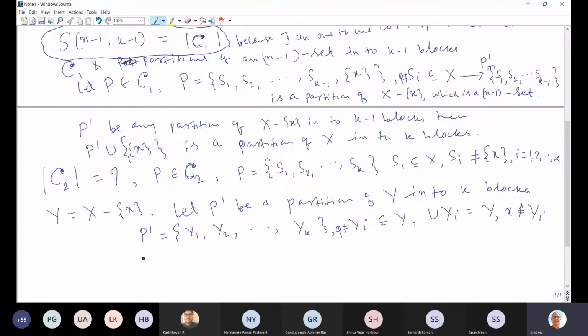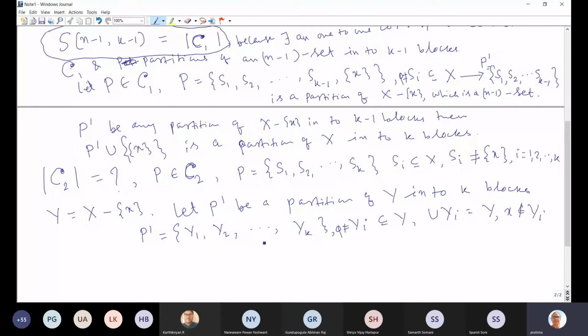Next, I shall include this element X, and you know that each of these Yi is a non-empty set. Now I shall include this element X in any one of this K number of subsets.